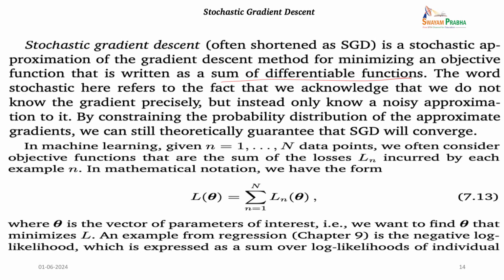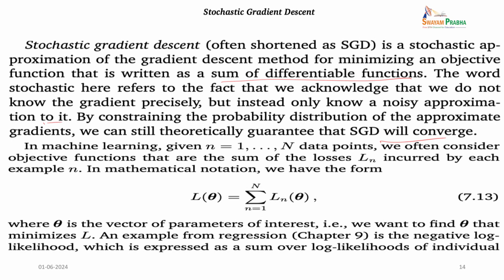The word stochastic refers to the fact that the gradient is not computed precisely, but instead only a noisy approximation to it is used. By constraining the probability distribution of the approximate gradient, stochastic gradient descent is guaranteed to converge. That is why most methods apply stochastic ideas.